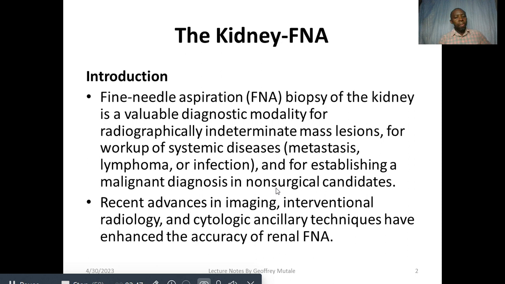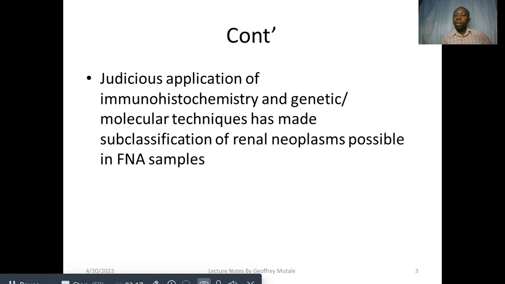And we realize that recent advances, most especially in imaging, interventional radiology, and cytologic auxiliary techniques, have advanced the accuracy of renal FNA, and malignancies can actually be easily diagnosed conclusively, sometimes using the advances in radiology to identify tumors.